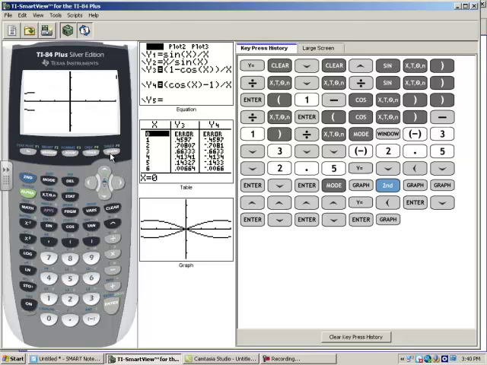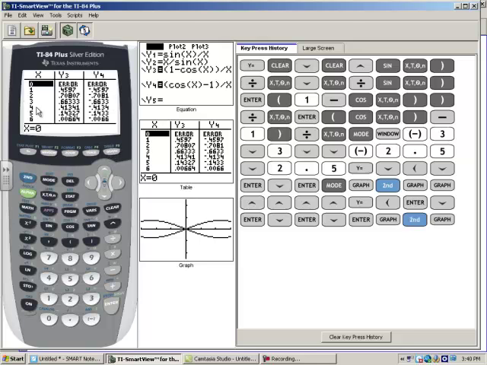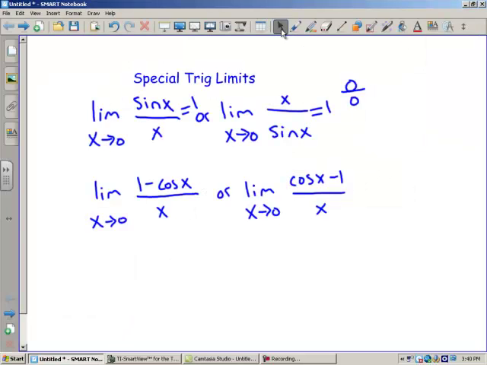In both instances, as we are approaching 0 from the left and from the right, you can see that we are approaching 0 from both sides. And if we go to the table, of course we have an error there. But we can see from the graph that the limit does exist, because from the left and from the right it's approaching 0. So we're going to say that both of these are going to equal 0 in either form.